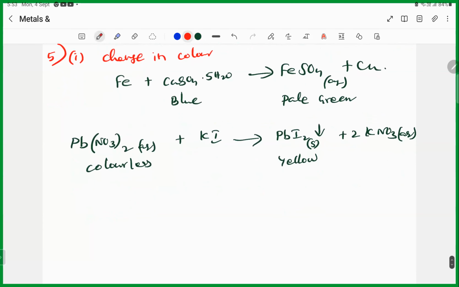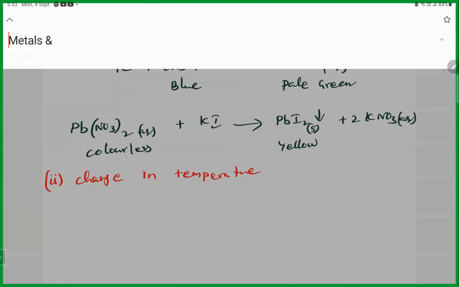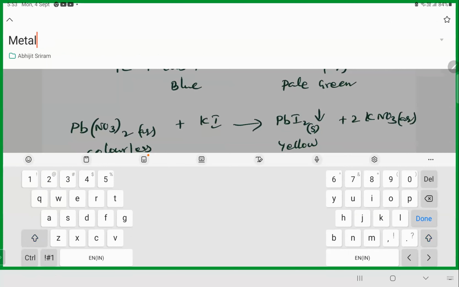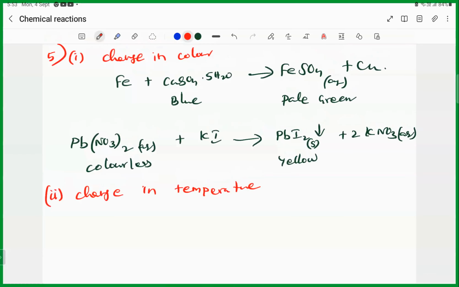Second one. Change in temperature. Quicklime plus water, sir. What happened?